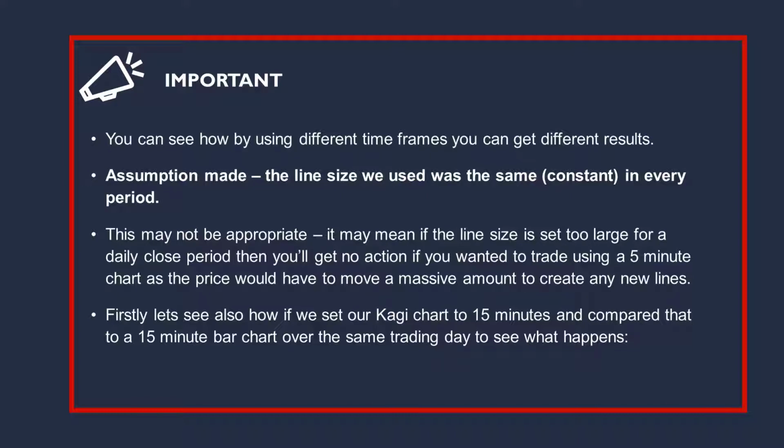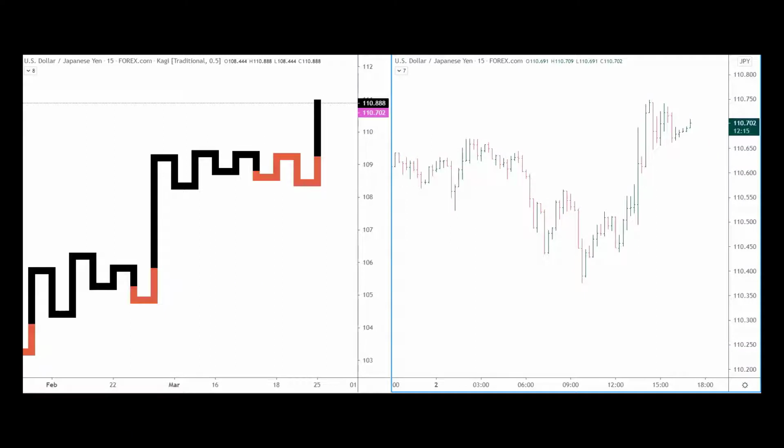so we've got the best chance of using our Kagi charts appropriately to what we're trading. Another way of seeing this is if we looked at a Kagi chart versus a standard bar chart over the same sort of time period of data. Let's take an example, a 15-minute bar chart and Kagi chart setup, and we can see the differences between the two. So again, we've got our US dollar Japanese yen chart set up here.